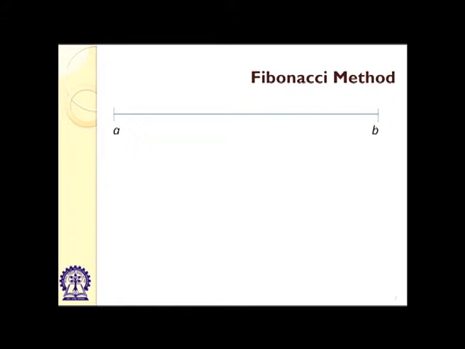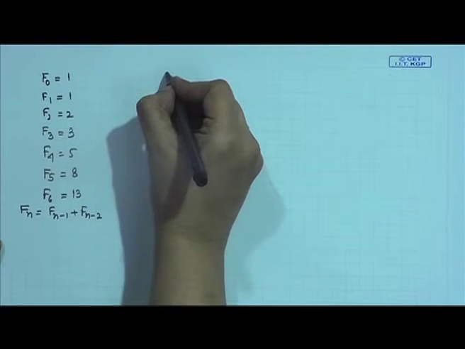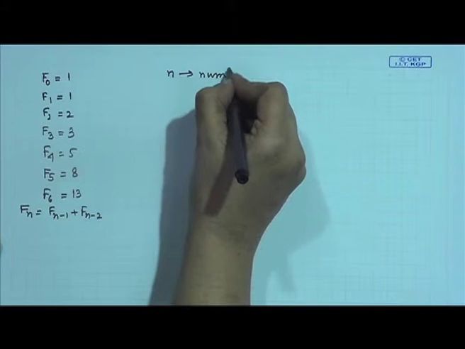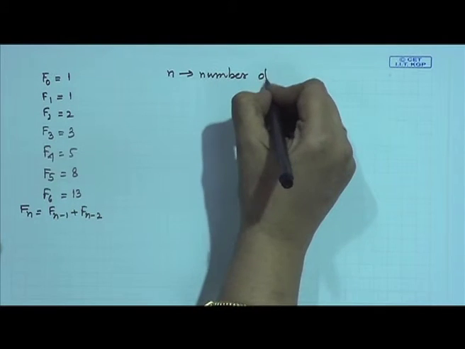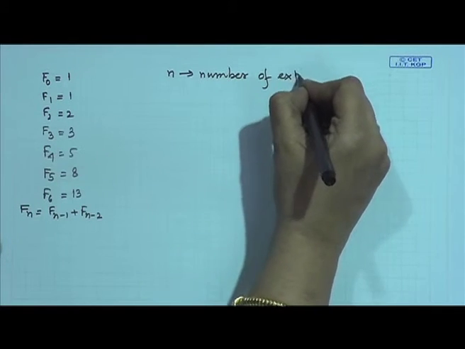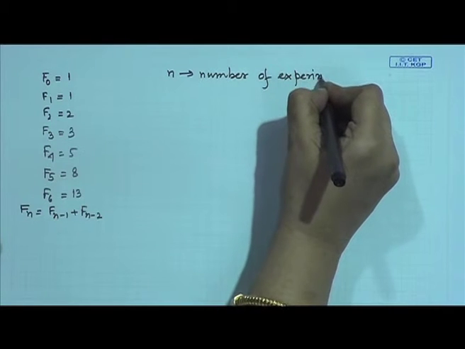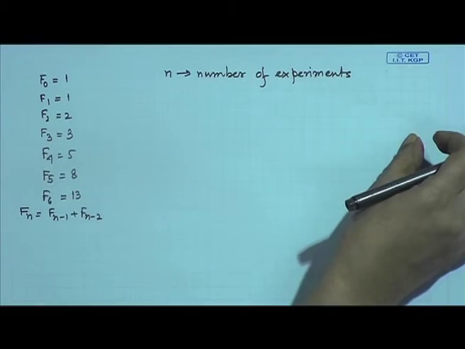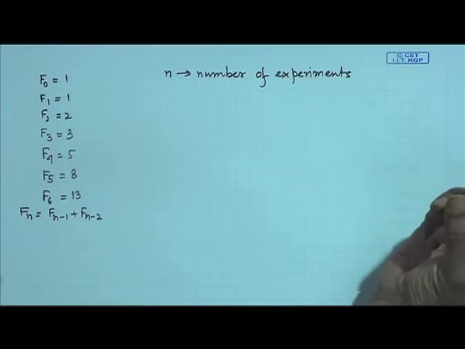Now the first approximation, if n is the number of experiments I need to do, first you need to listen to the process, then you will understand why I am considering that term once you learn the process in detail.